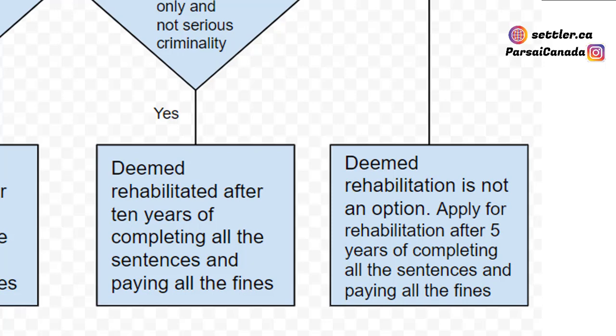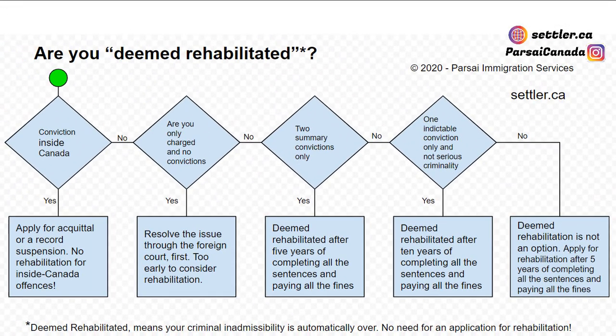What you need to do in those situations is wait at least 5 years from the day that you complete the sentence and pay the fines to apply for rehabilitation, which is a completely complex process, and you will probably end up paying anywhere between $200 to $1,000 in processing fees, submitting several documents, and requesting the immigration officer to consider you rehabilitated.